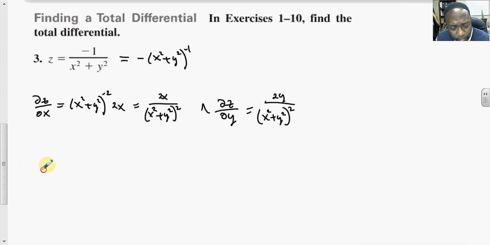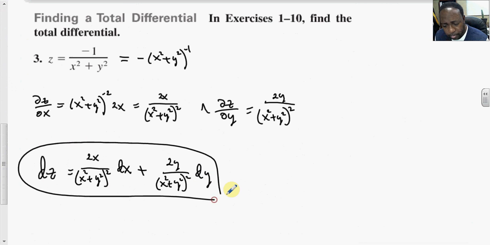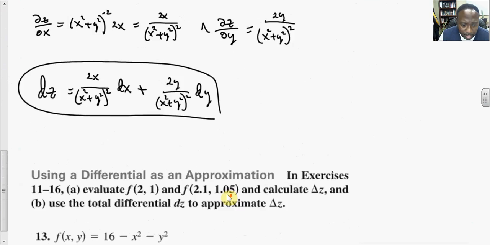So then the total differential, dz, is the partial of z with respect to x, which is 2x over x squared plus y squared to the second, times dx, plus the partial of z with respect to y, which is 2y over x squared plus y squared to the second, times dy. That's all it's asking for there.